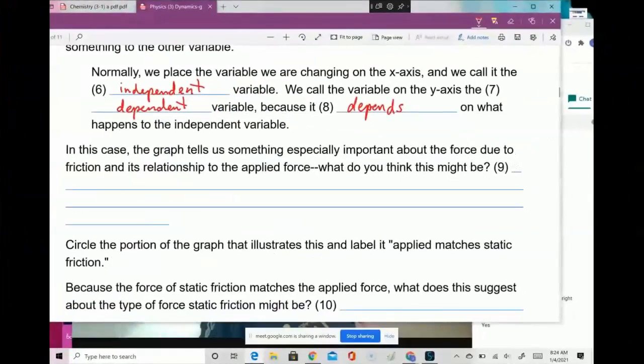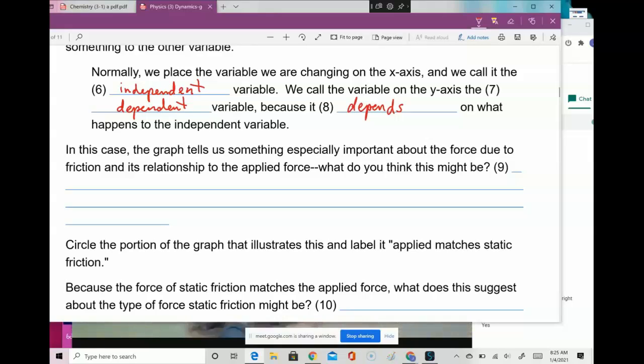So we're able to see that the friction force depends on the applied force. The greater the applied force, the greater the friction force. Otherwise, it would start accelerating, right?